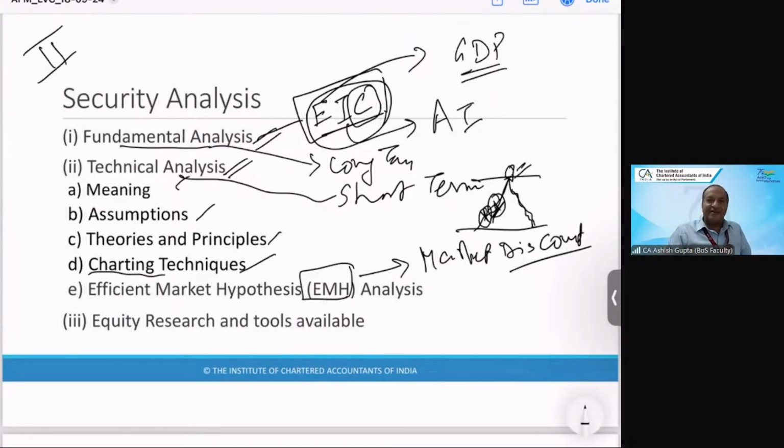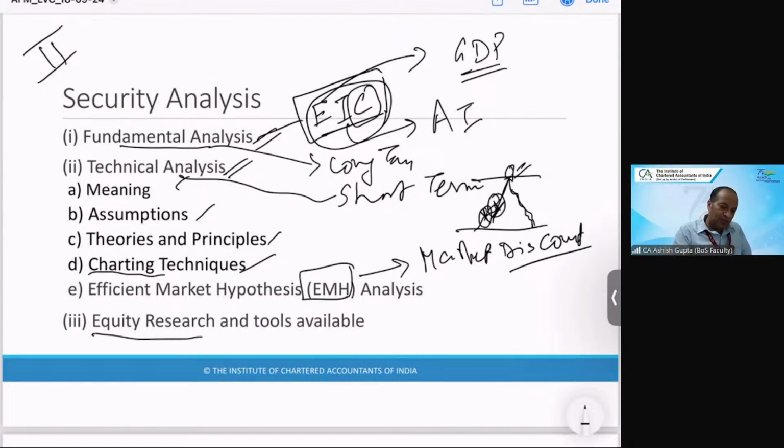Like recently, when the poll results were about to come out, the market started reacting to the same. This is called the efficient market hypothesis. We shall see that there are three theories.